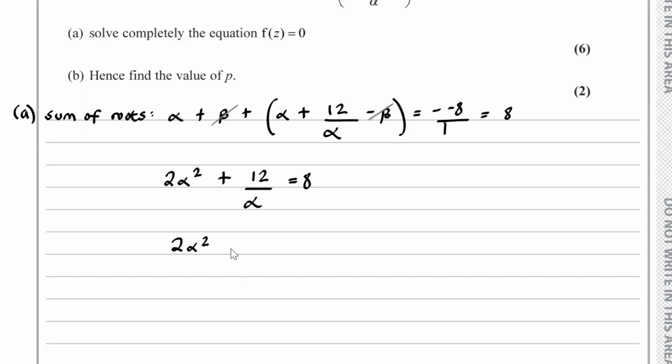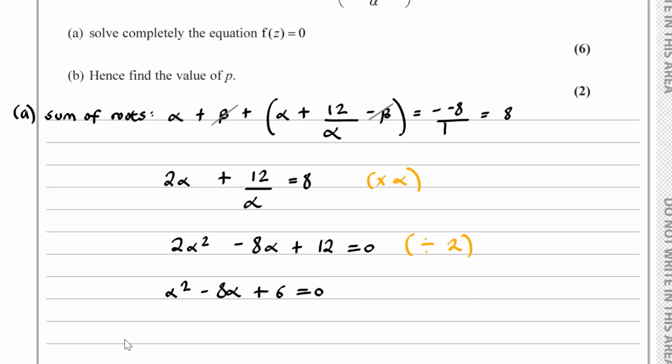If I multiply through by alpha, we end up with 2 alpha squared minus 8 alpha plus 12 equals 0. And if I divide through by 2, we end up with alpha squared minus 4 alpha plus 6 equals 0.